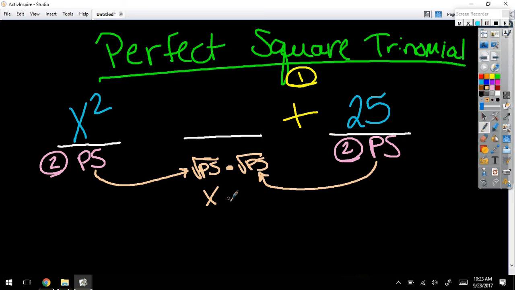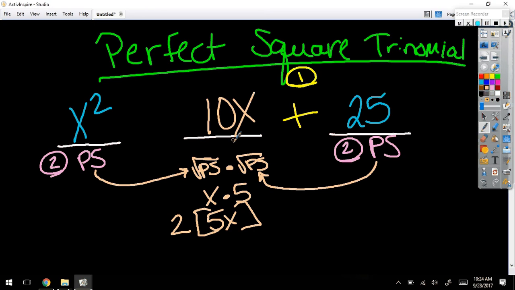What's the square root of the last? 5. If you multiply those together and double it, you get 10x. That has to be what sits in the middle.